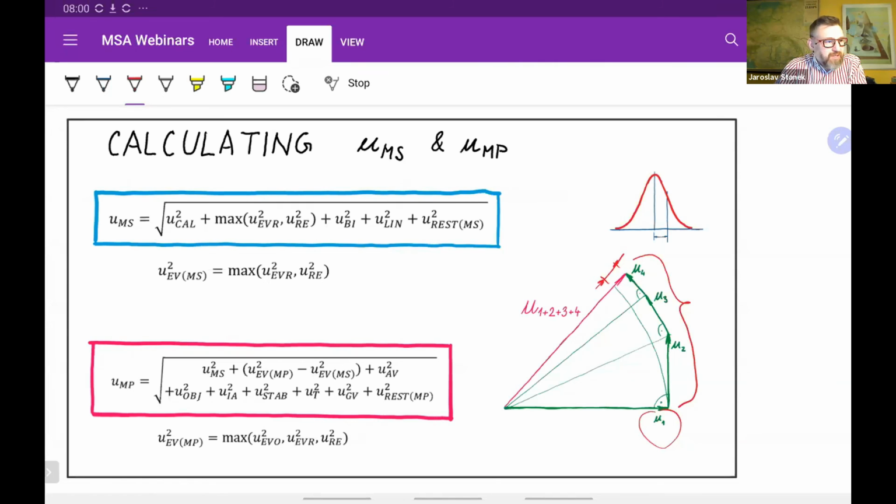So this rule of summing up the squares will not, even if all of these would be double the size they are, the U2, U3, U4, you will not end up in a significantly bigger combined value. Maybe a little bit, but certainly not excessively.